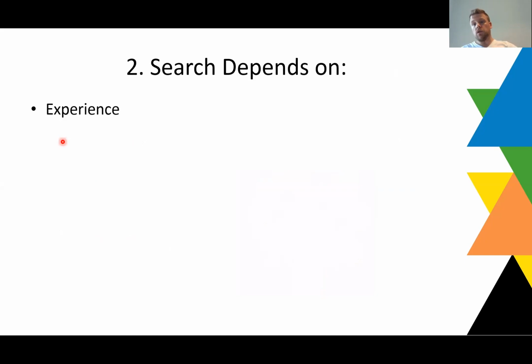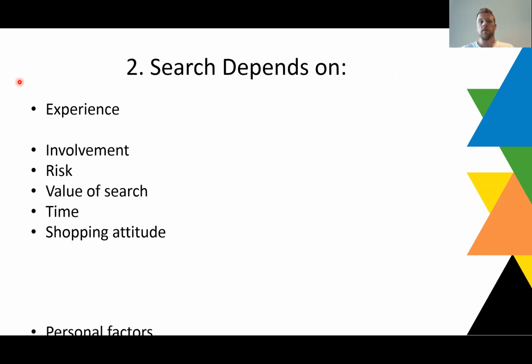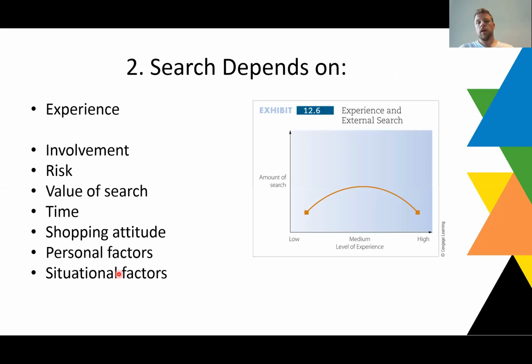Whether we do search or not depends on a set of factors. For instance, the first, as already said, is experience, right? Typically, when we are not very experienced with a product, we might not even have the capacity to search for it, because if I don't understand anything about computers, how might I use a computer in order to get the information out of it?